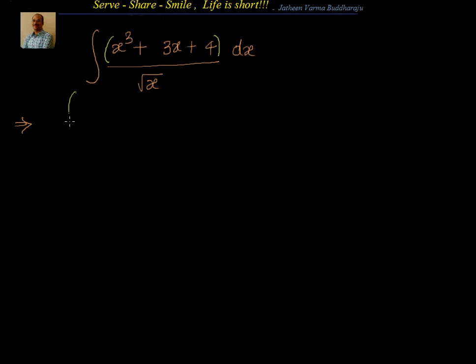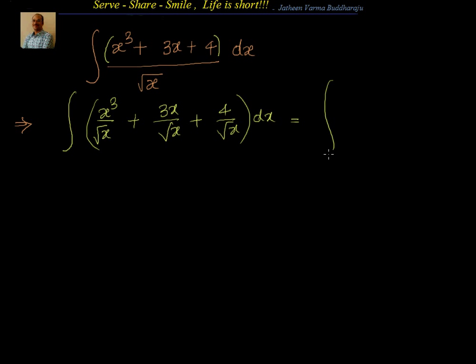So can I write it as the integral of x cube by root x plus 3x by root x plus 4 by root x, dx, which is nothing but equal to the integral of x cube by root x, that is x to the power of 3 by x to the power of 1 by 2.